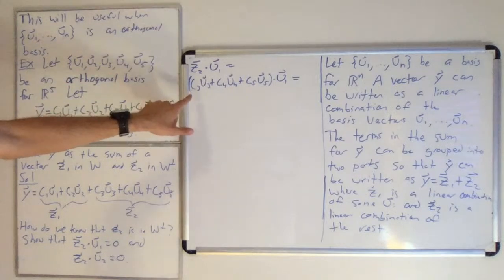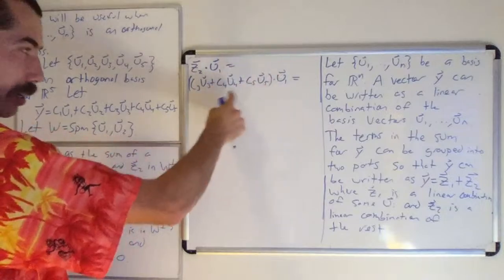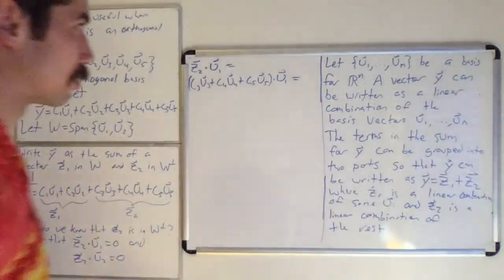And now we want to show that this is equal to 0. Well, we have properties of the dot product that say we could distribute it into a summation. So this is equal to, I'm probably going to need more space, so I'll just erase all this.